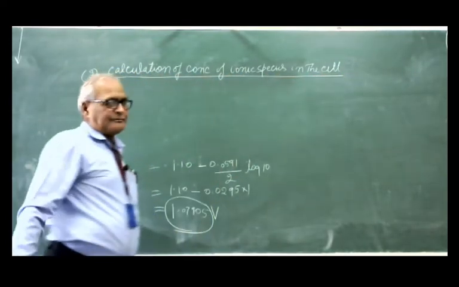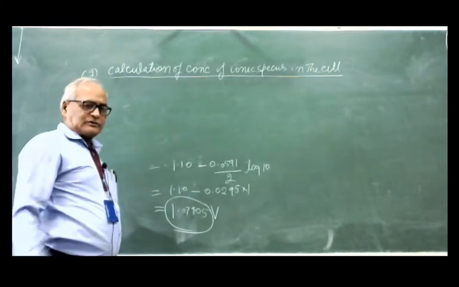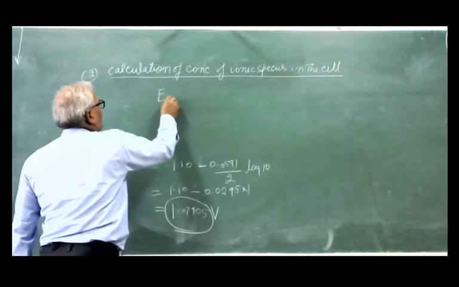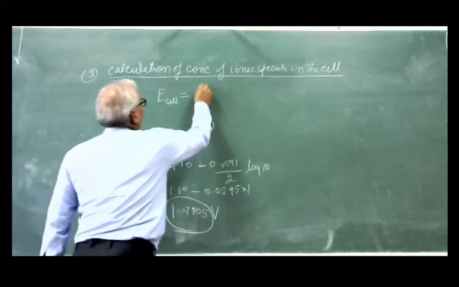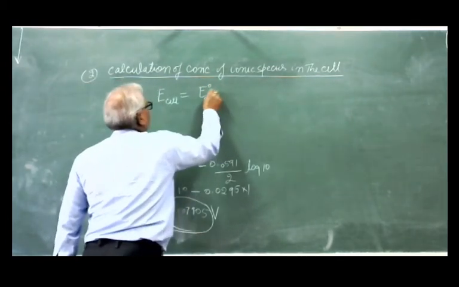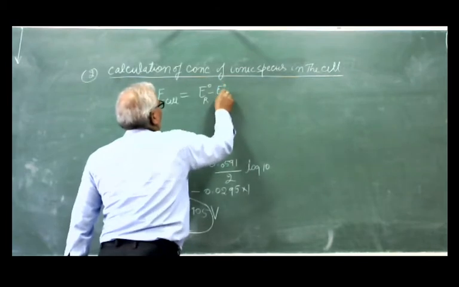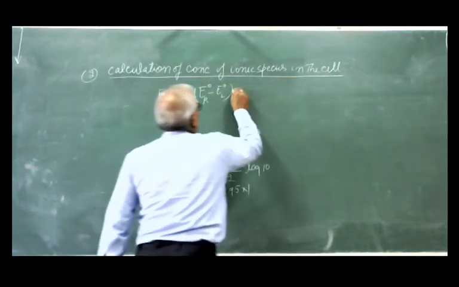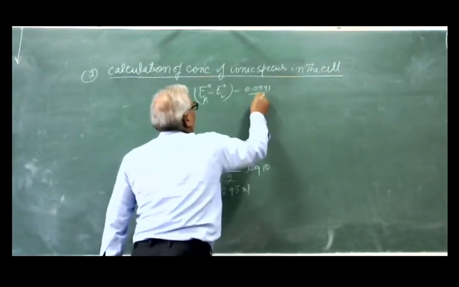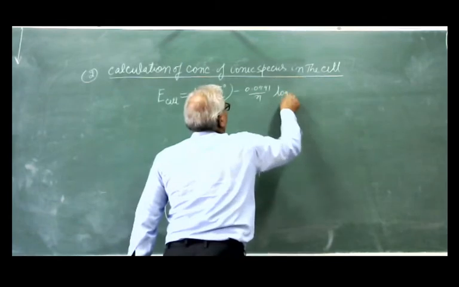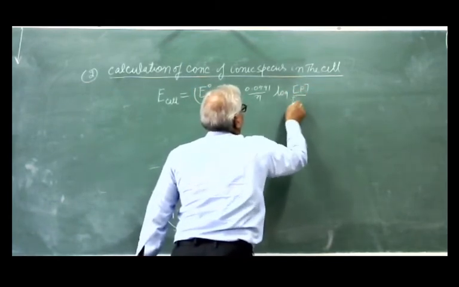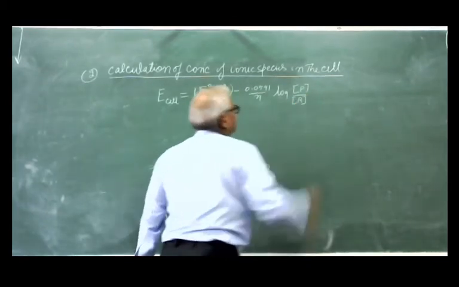Very simple. Just see, from the Nernst equation, E of the cell is equal to E0 right minus E0 left minus 0.0591 upon n log concentration of the product divided by concentration of the reactant.